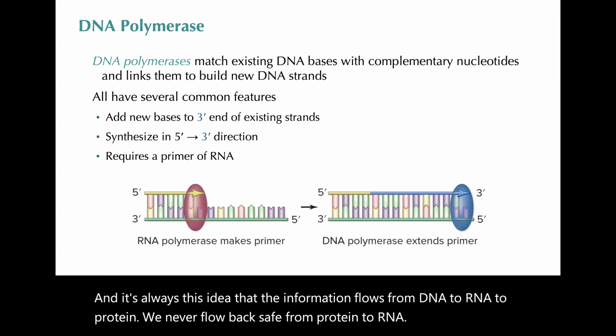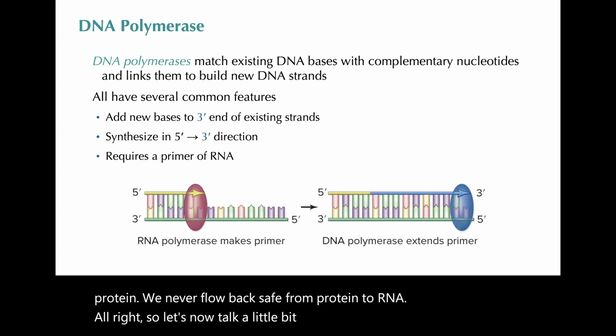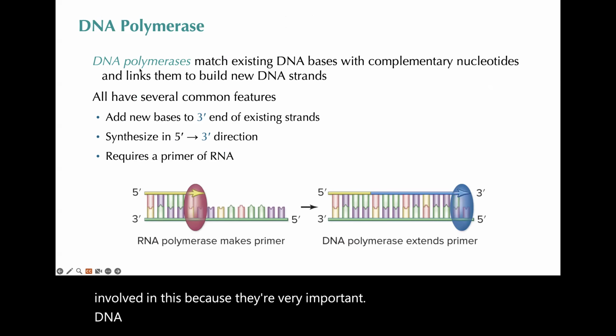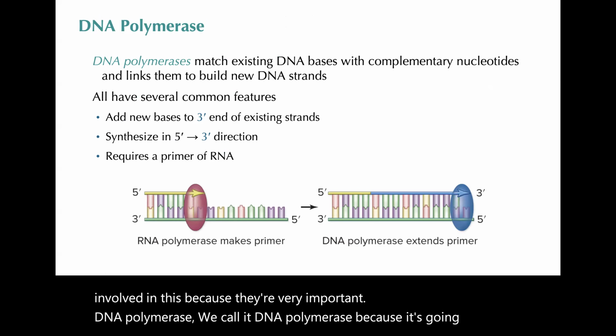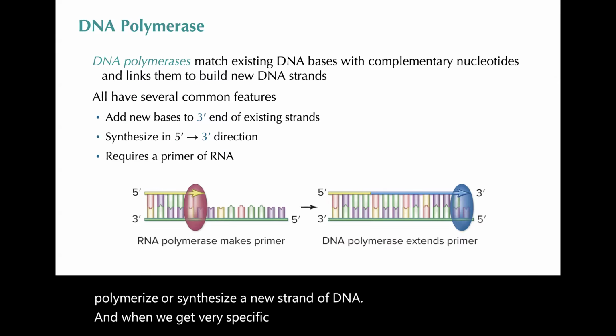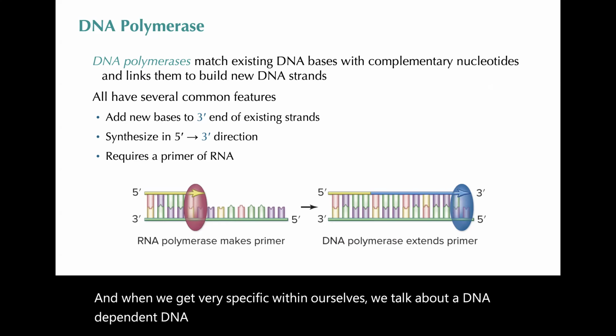All right, so let's now talk a little bit more about the enzymes that are involved in this because they're very important. DNA polymerase. We call it DNA polymerase because it's going to polymerize or synthesize a new strand of DNA. And when we get very specific within our cells, we talk about a DNA-dependent DNA polymerase.